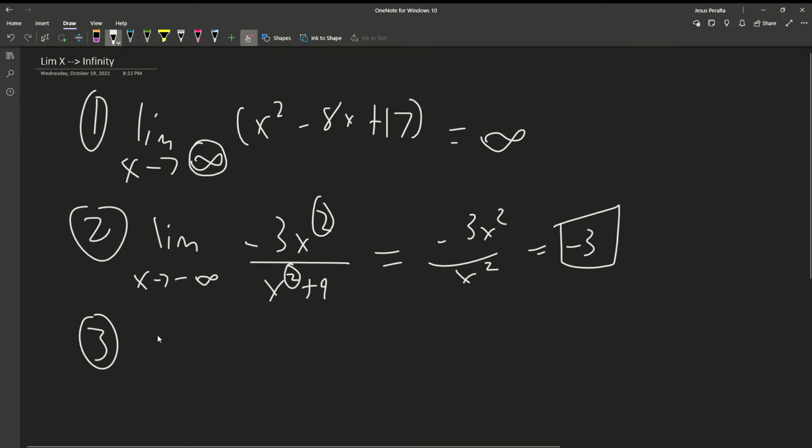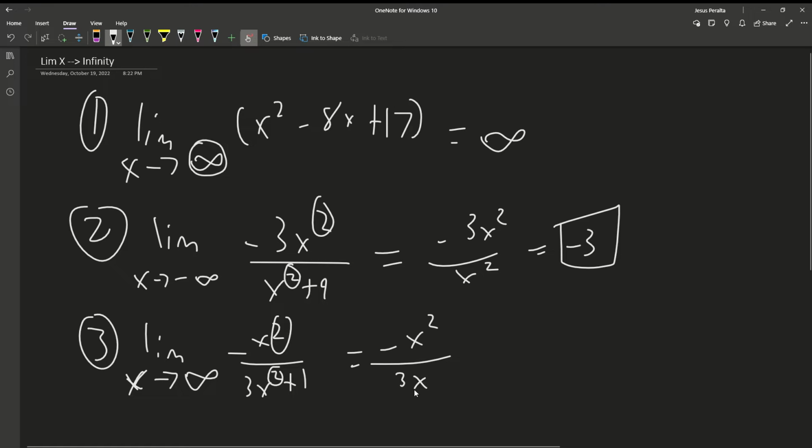Number 3, we have the limit as x approaches infinity of negative x squared over 3x squared plus 1. So from here you are going to see that these have the highest exponent, so we're going to rewrite it just as x squared over 3x squared.